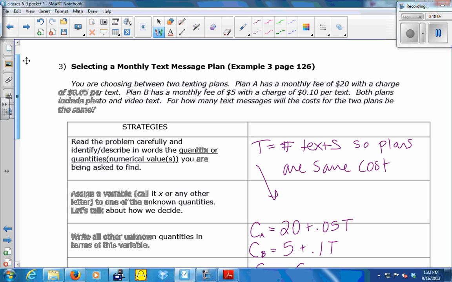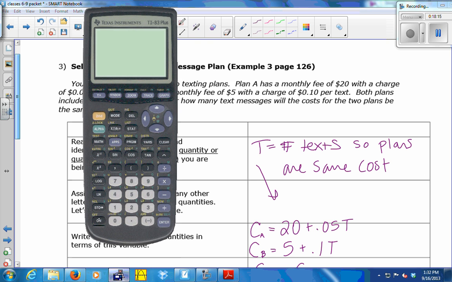We know our answer is now 300 texts. All right, so plan A has a monthly fee of $20 plus 5 cents per text. So let's see how much that would cost if we used 300 texts. So $20 plus 5 cents for each of your 300 texts: 20 plus 0.05 times 300. It's $35. And then plan B is $5 plus 10 cents for each of your 300 texts, also $35.